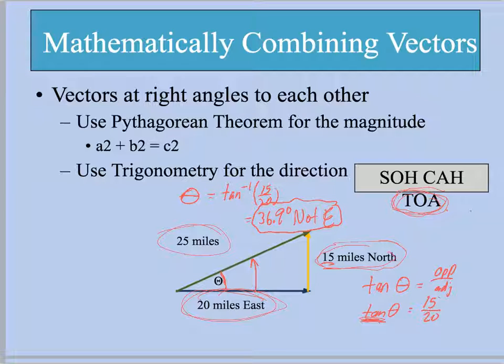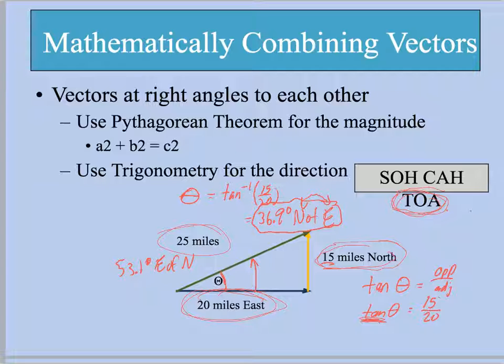Now we could also have used, if you remember earlier we did cardinal directions, you could address it from the other axis, from the north axis. So we'd have to subtract 36.9 from 90, and that would be 53.1 degrees. And then remember how we switched the lettering? It would be east of north.